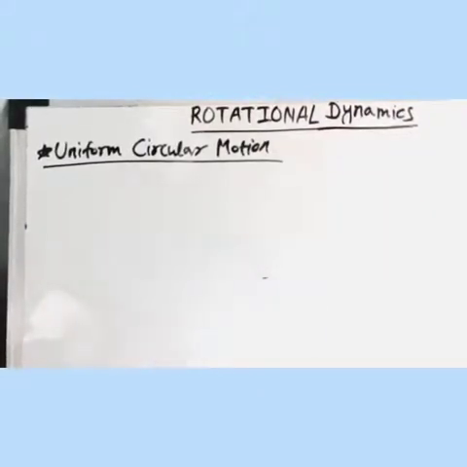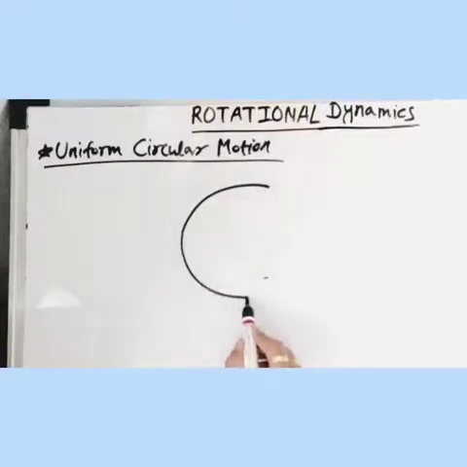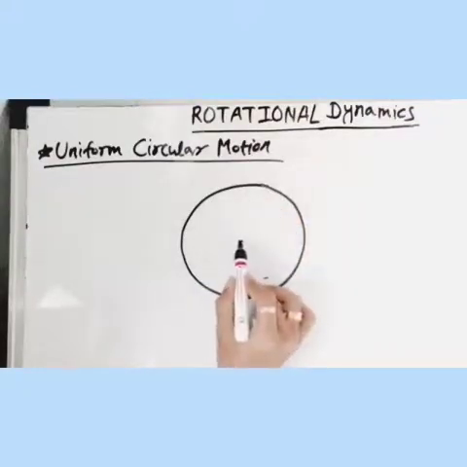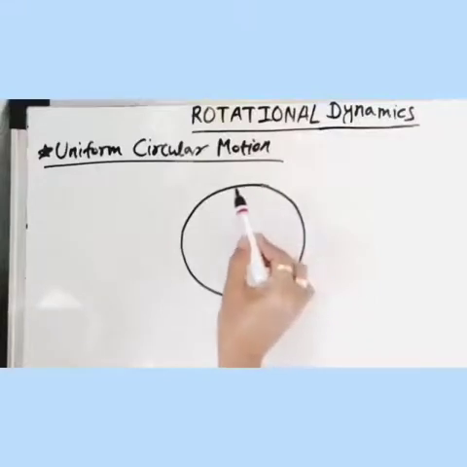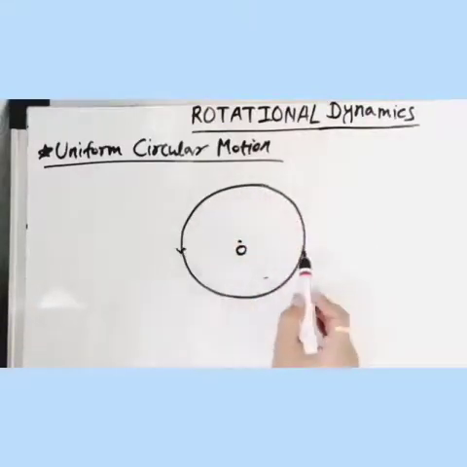Now we will discuss uniform circular motion. In 11th standard, we have already come across uniform circular motion, which can be defined as motion of a particle along the circumference of a circle with constant linear speed. It means, imagine this is the center of the circle, say point O, and the particle is performing circular motion along the circumference of the circle, say in the anti-clockwise sense.